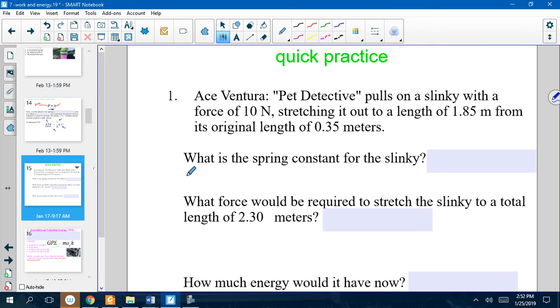Alright, so our force should equal that spring constant times x. So our force is 10 newtons, and that will equal k times our displacement, which should be 1.85 minus the 0.35.